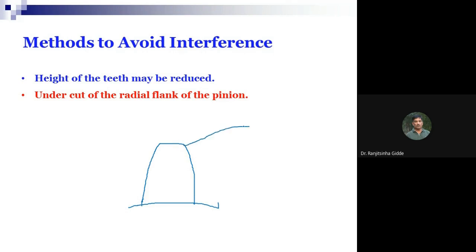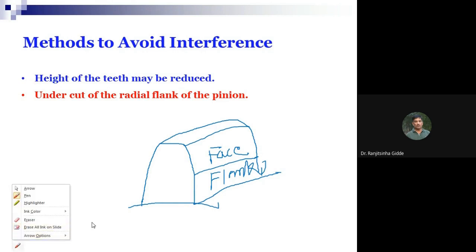So I will try to draw. Okay. And this you know. This is the flank. And this one is the face. Right? Now, undercut of the radial flank of the pinion. Now, how to make the undercut? So just I will make it.